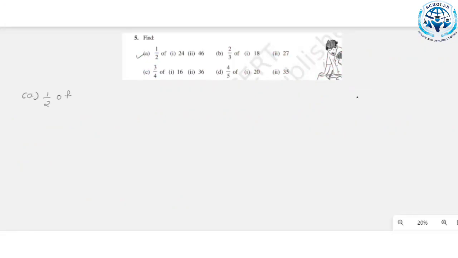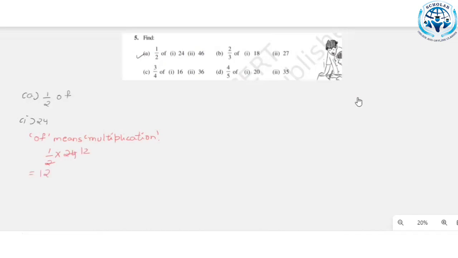Question number 5. Half of 24. 1 by 2 into 24. Of means multiplication. 2 12s are 24.